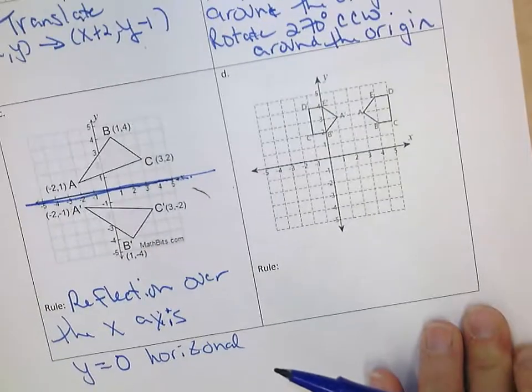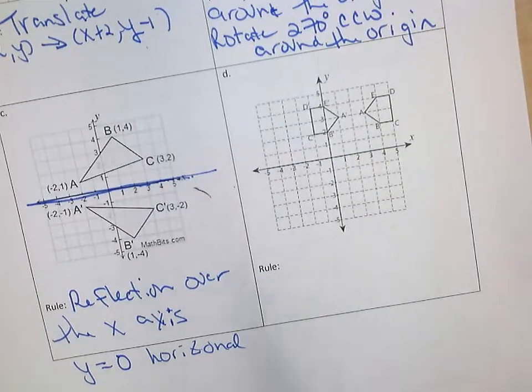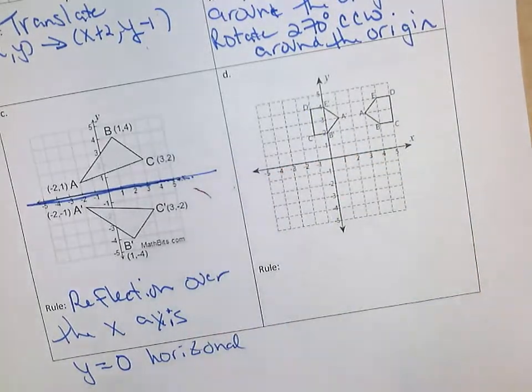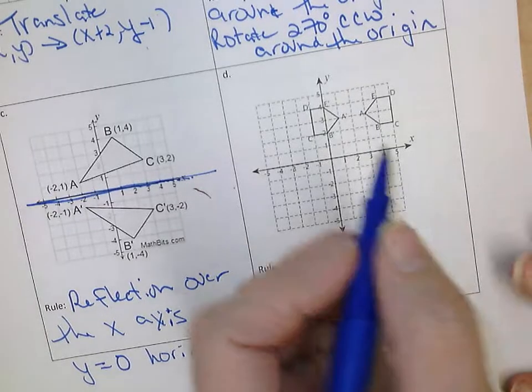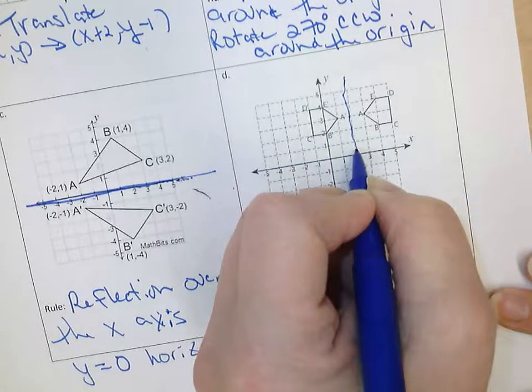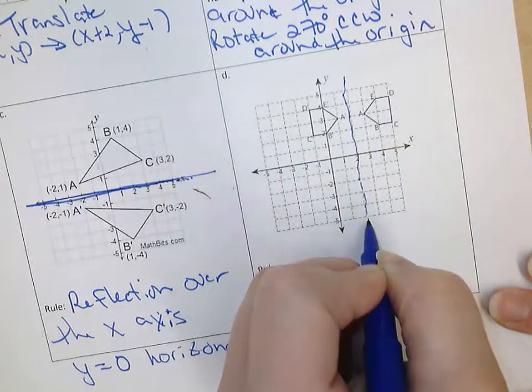So let's take a look at this one here. Oh, it looks like it's flipped. We have a D and a D prime. They're on other sides. If we were to slide it, we wouldn't get the same rule for each point. Doesn't look like it's rotated, although it could be, but the easiest way is that this line is directly in the middle of each and every point.